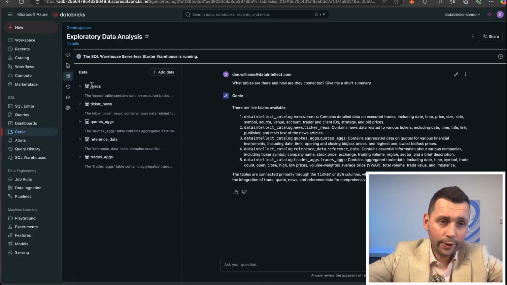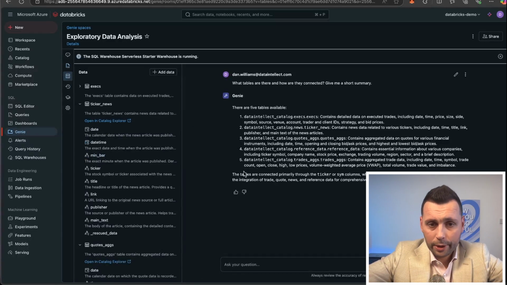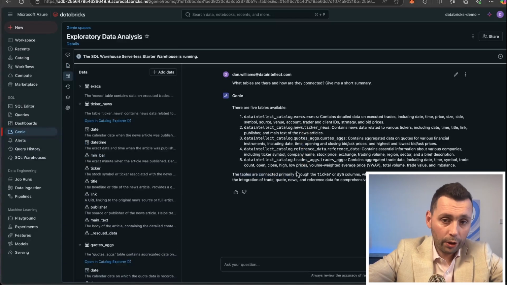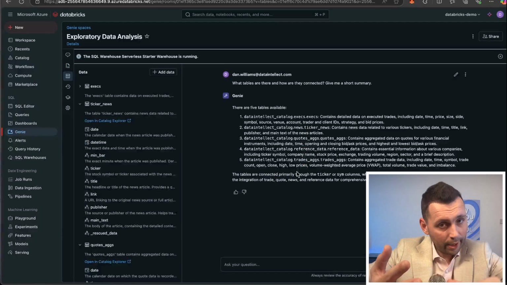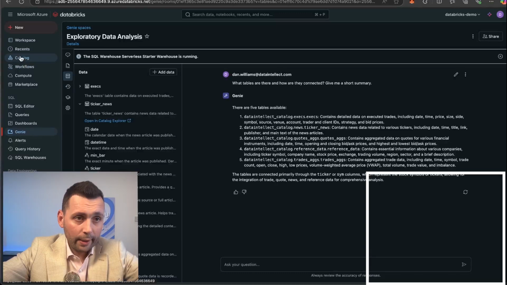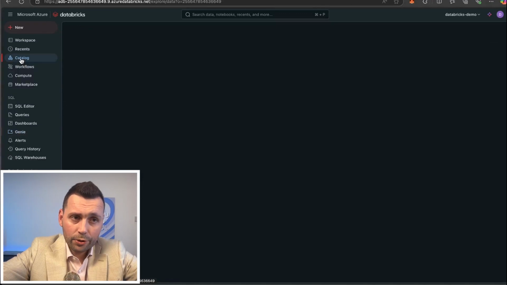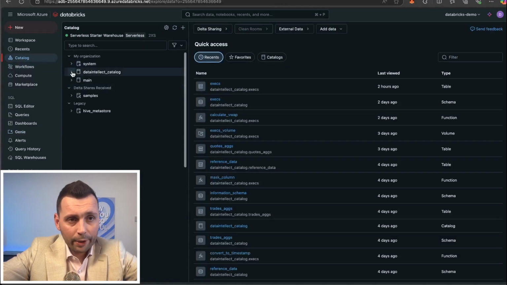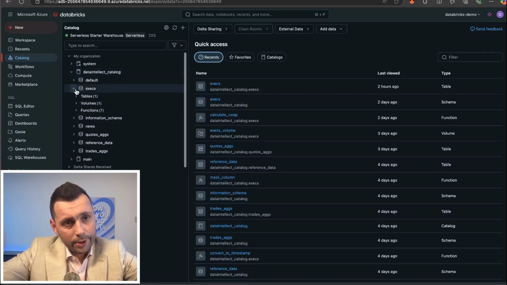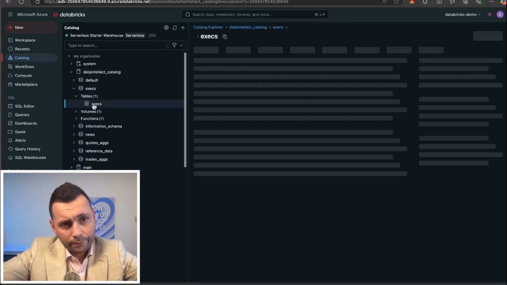We can see all of the data that Genie has access to. So Genie actually realized that these tables are connected primarily through the ticker or symbol columns. So it understands the data relationships between them. The reason why it understands this is also because if you look at our catalog, we can, for example, just check the execution table.